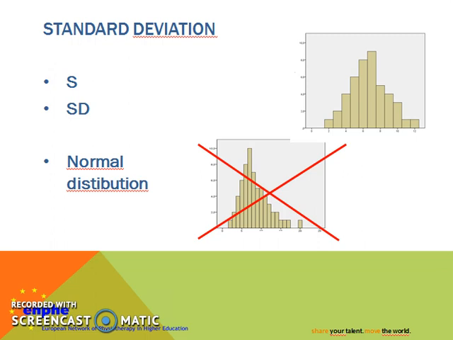And it is important to know that the standard deviation can only be used when the data set is normally distributed. So most outcomes should be near the center and the other outcomes should be equally spread to both sides.